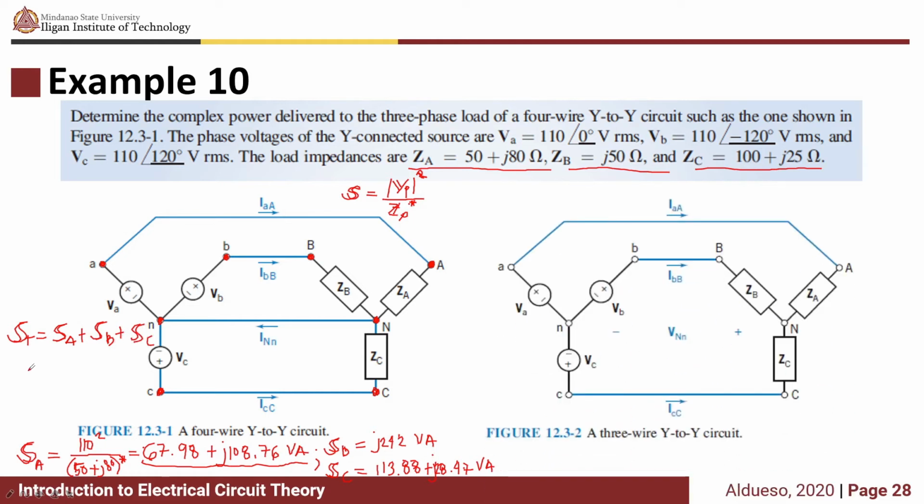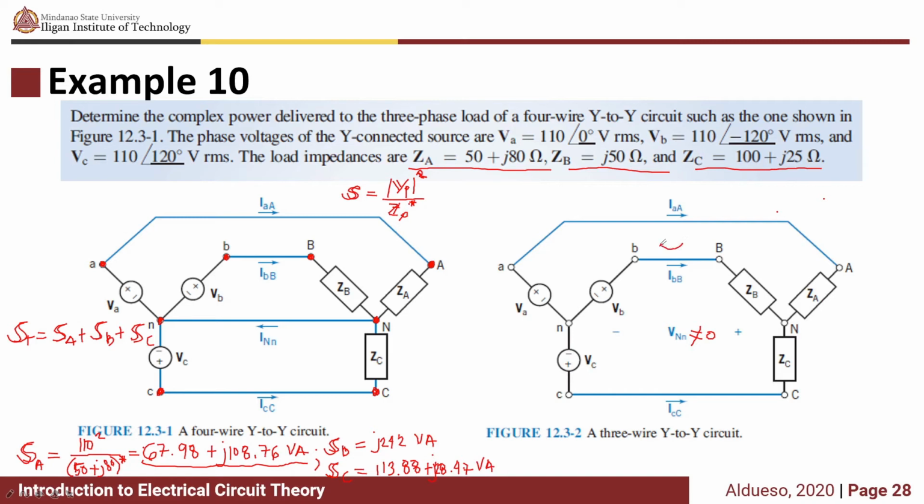So how about if the configuration is a 3-wire Y-Y circuit? This time, since this is an unbalanced system, VNN is not equal to 0. So we cannot use the per-phase analysis. To solve for this circuit, you can use any circuit analysis technique, but for this example we will use mesh analysis. There are only two meshes.